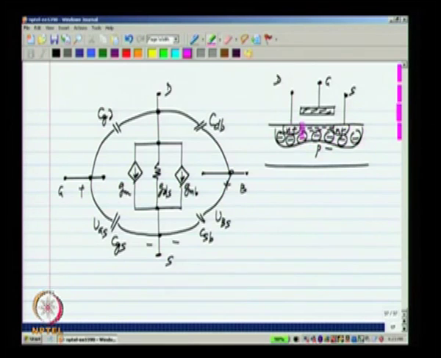Now, CGD and CGS are intrinsic to the operation of the MOSFET. As we know, MOSFET is nothing but a capacitor. Okay. The capacitor controls the charge in the inversion layer and in turn controls the current. So, these capacitors will always be present whenever you have a MOSFET. Without this capacitor, there is no MOSFET. Okay. Because the CGD and CGS, what we described so far, come from the intrinsic capacitance between the gate and the inversion region.